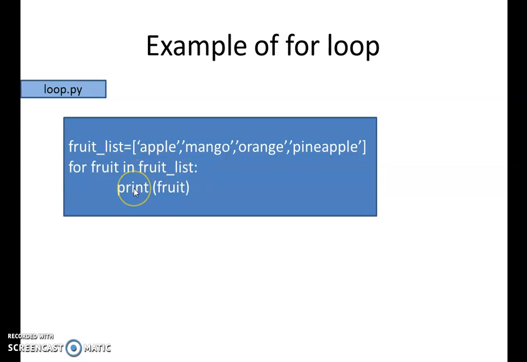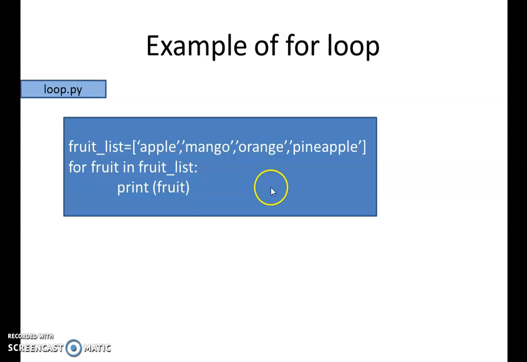and then statement that we want to iterate. So here statement is print fruit. So we are iterating over this fruit list. We are assigning item of this fruit list in fruit variable, and then we are writing value of this fruit.